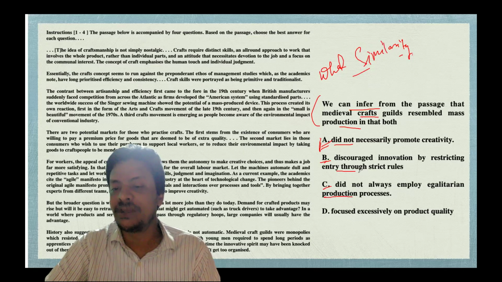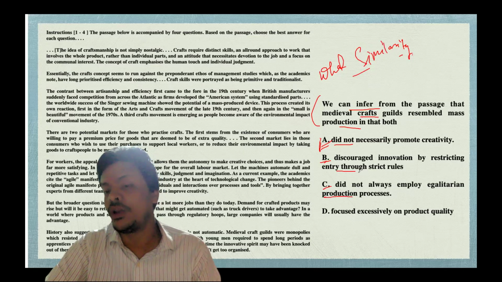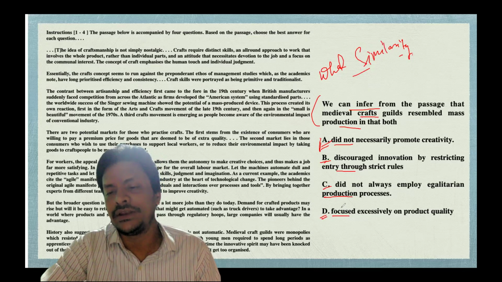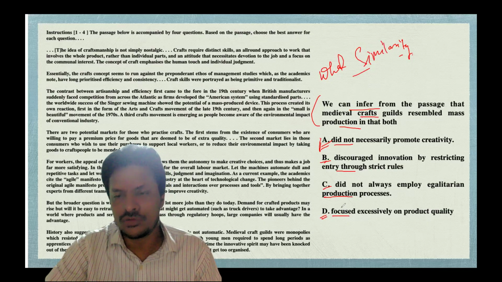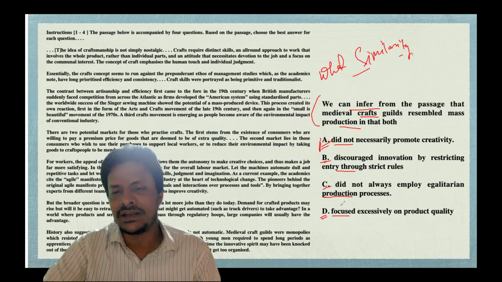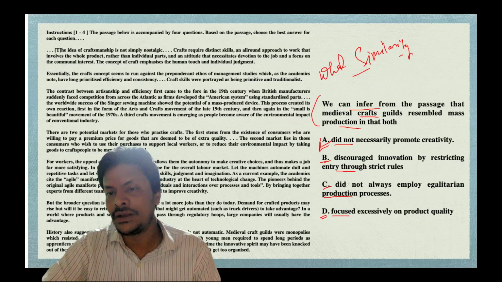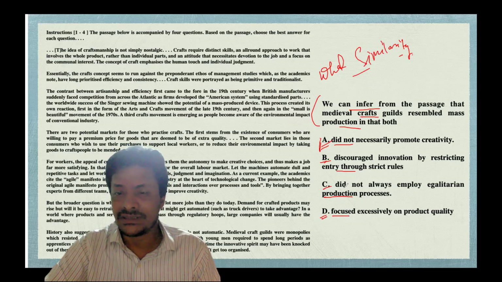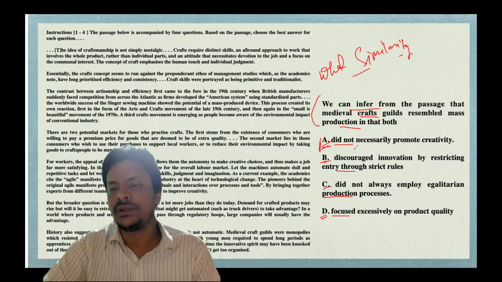It means they both did not always use equal or fair methods in production. The fourth one says they focused excessively on product quality. In that case, they both cared too much about quality. Now, which one would be appropriate to identify the similarity? If I look at the first one, they did not necessarily promote creativity.